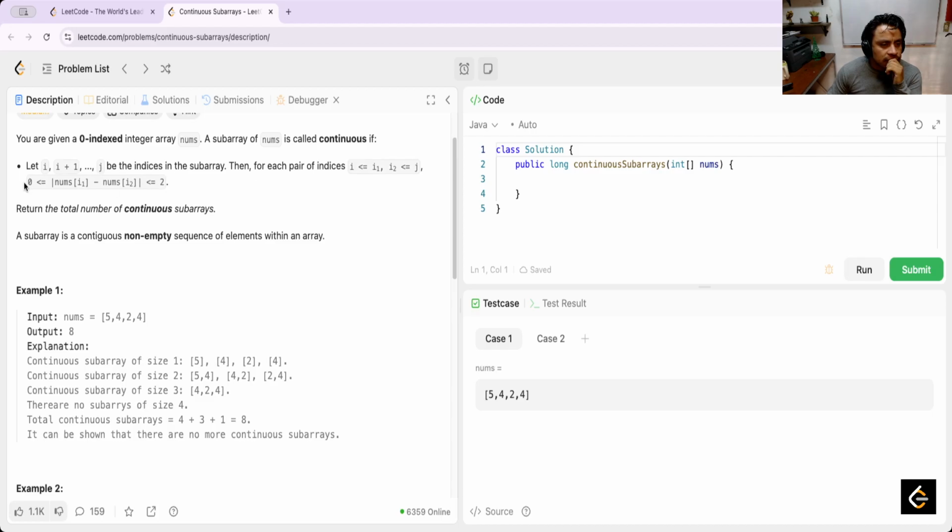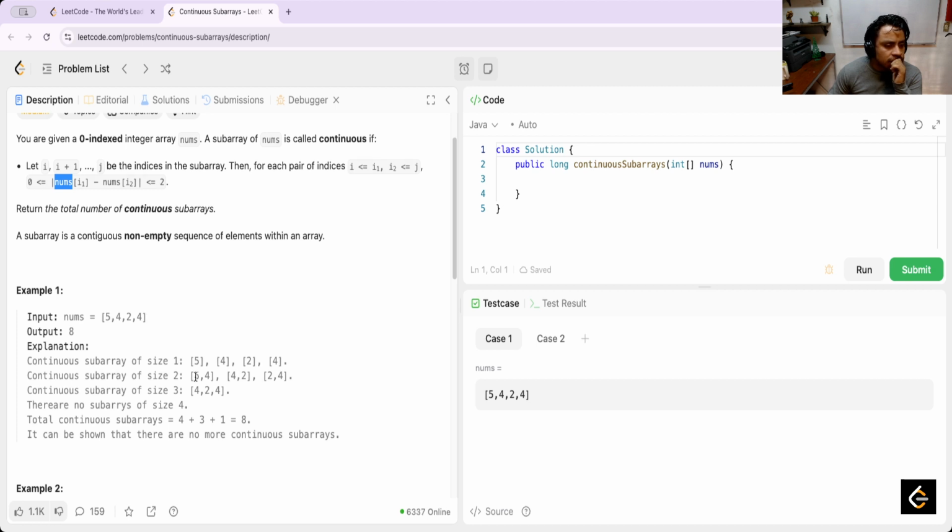I don't understand this: 0 is less than or equal to nums[i1] minus nums[i2], and this should be less than or equal to 2.